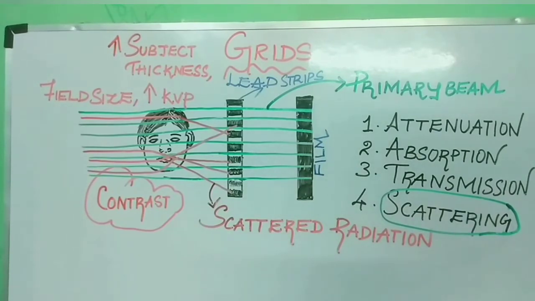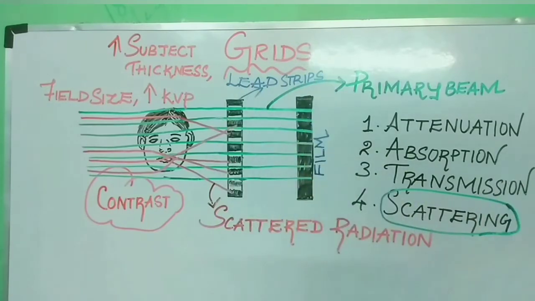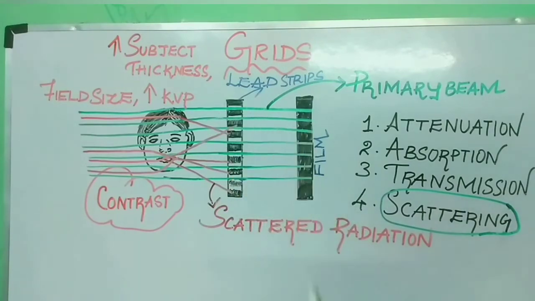Grids are made up of a series of lead strips. These lead strips are separated by an interspace of X-ray transparent material, which is made of plastic. These grids are usually placed between the object and the film.